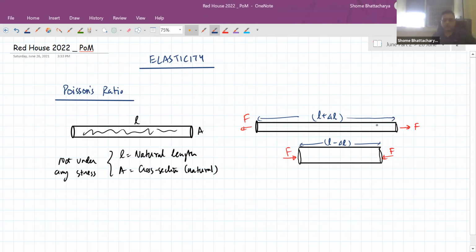So now if this area has become A minus delta A over here, or this area has increased to A plus delta A, then as I said, Poisson's ratio has to do with the relationship between the fractional change in area and the fractional change in length. Okay, so just note this down, we'll discuss the definition of Poisson's ratio.